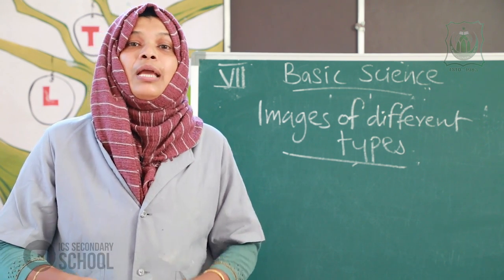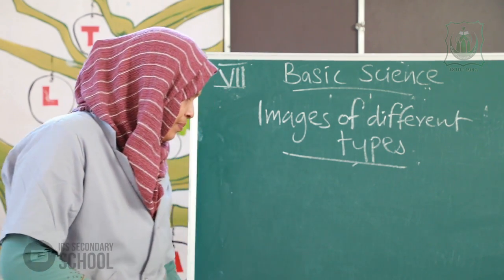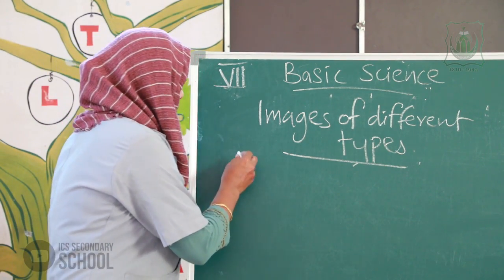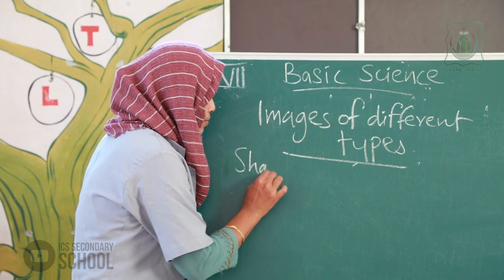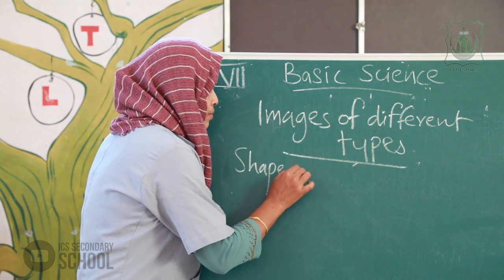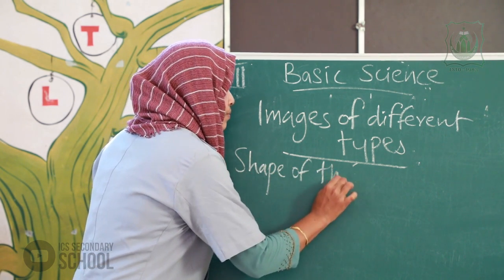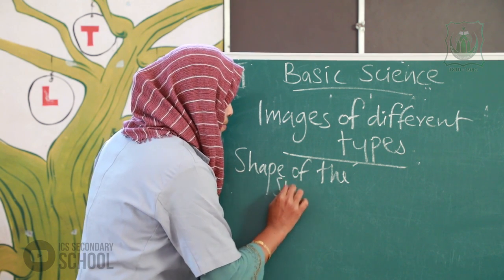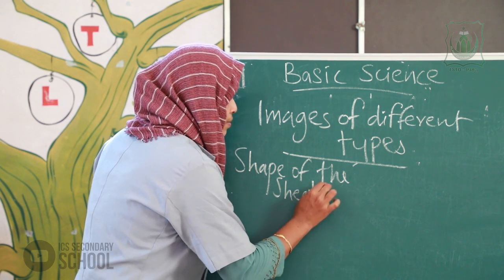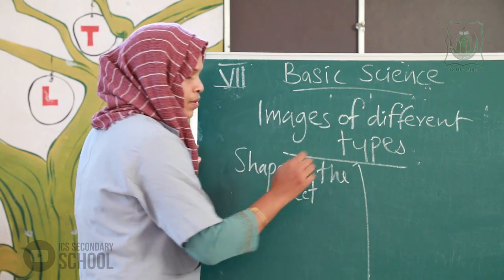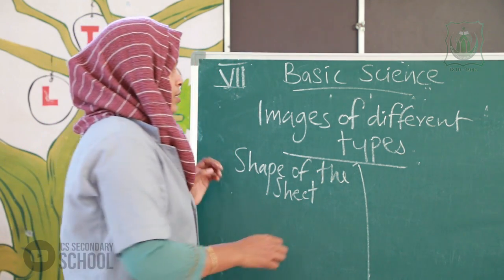First, shape of the sheet. Then, properties of image.